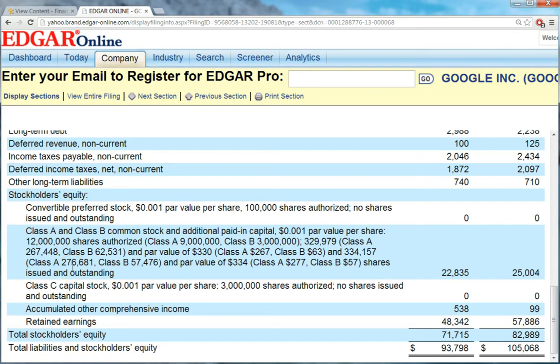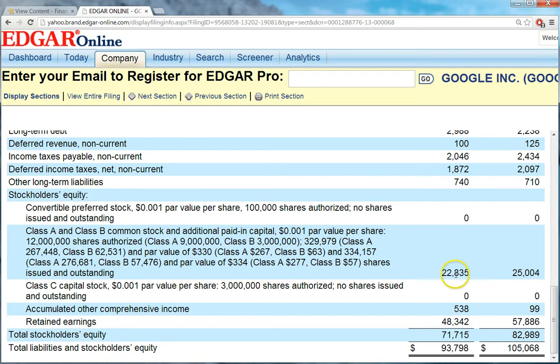276,000 shares of Class A stock, 57,000 shares of Class B stock, and then we can see how much par value is in there, and then the rest of the dollars here would be this additional paid-in capital. Once again, we'll get to what par value is versus additional paid-in capital a little bit later on.